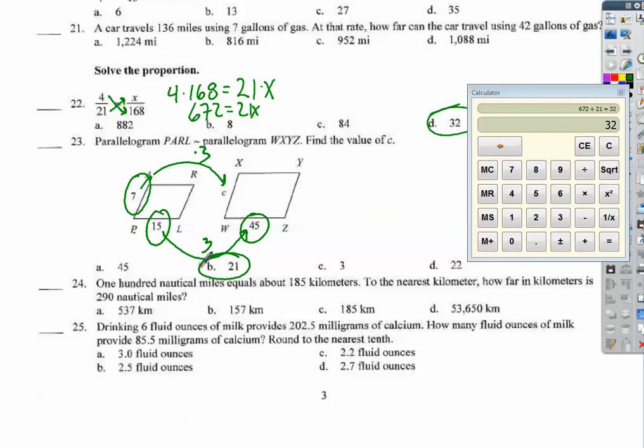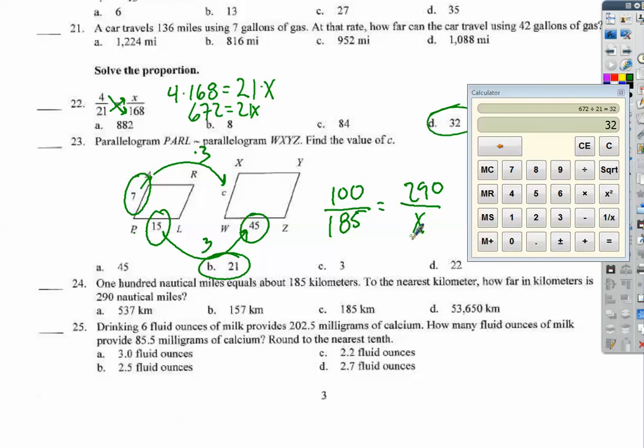Number 24. 100 nautical miles equals about 185 kilometers. This sounds like a ratio or a proportion problem to me, so I'm just going to make a proportion. 100 nautical miles equals 185. To the nearest kilometer, how far in kilometers is 290 nautical miles?